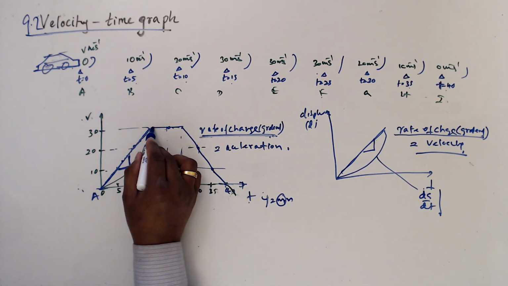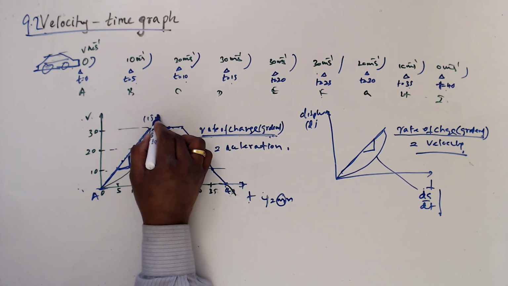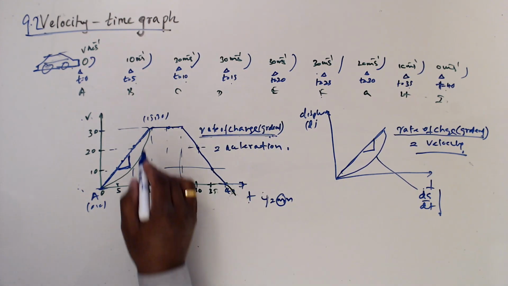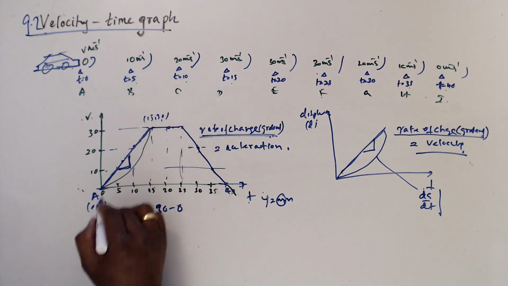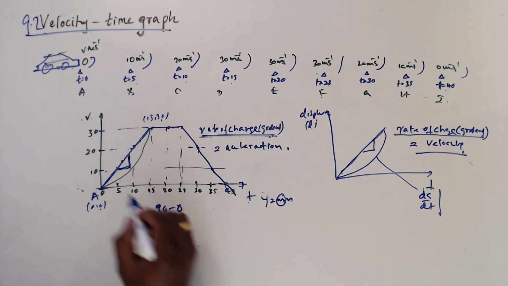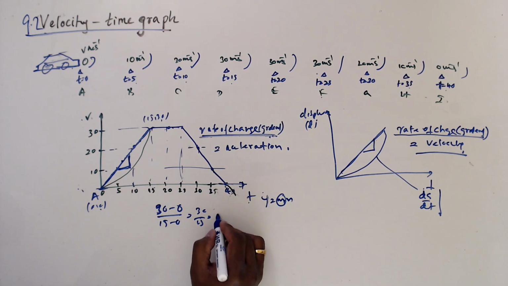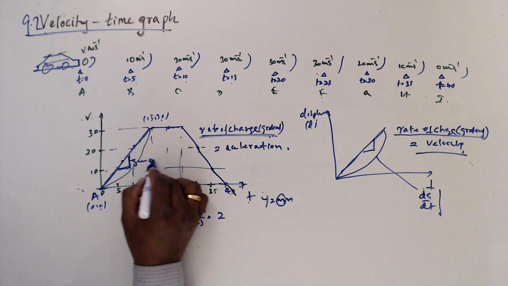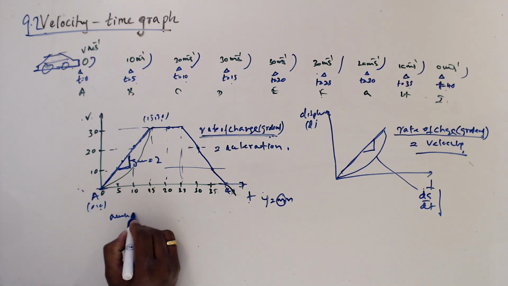This coordinate is 15, 30 and this is 0, 0. Change in y over change in x: 30 minus 0 over 15 minus 0, 30 divided by 15, that is 2. The gradient is 2. So the acceleration is 2.